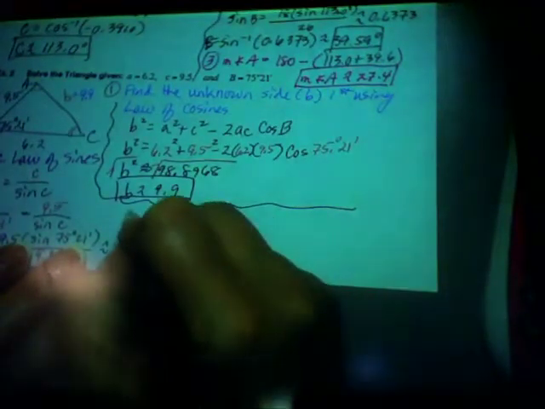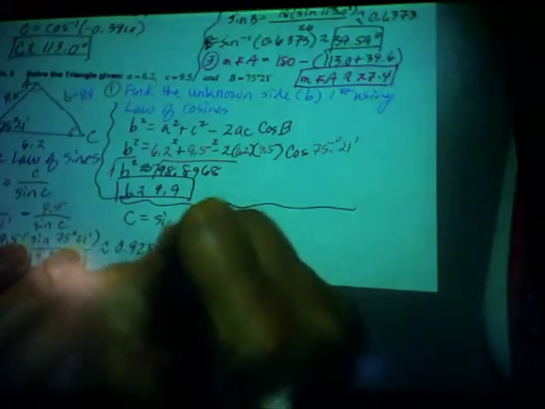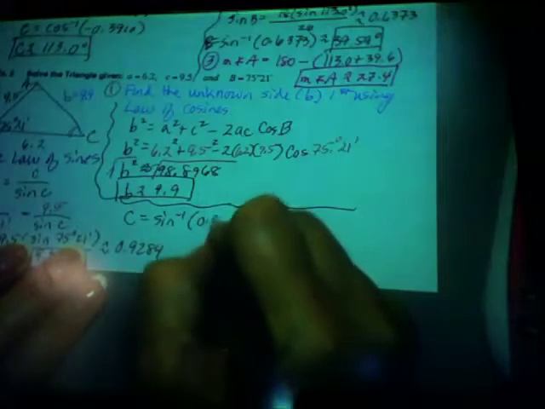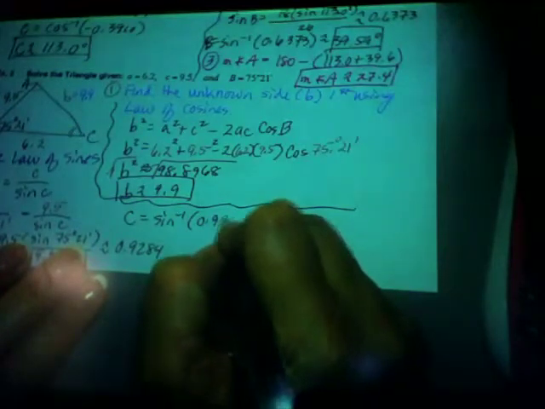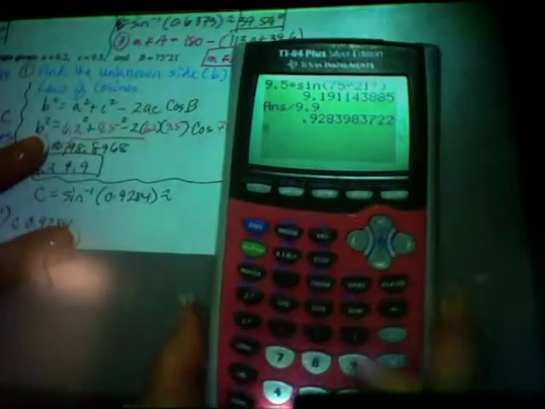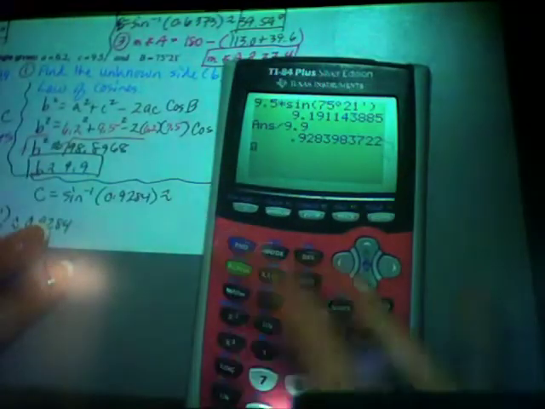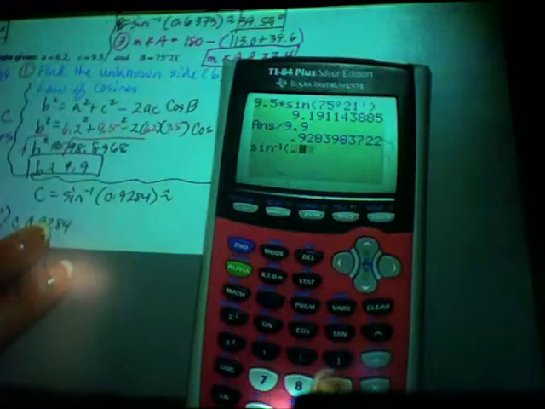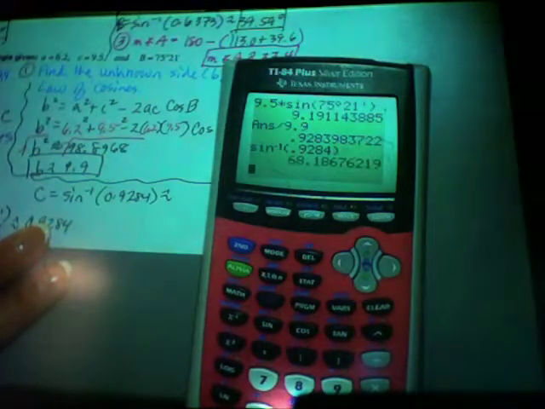So then C is equal to the inverse sine of the 0.9284. Do we get less than B?